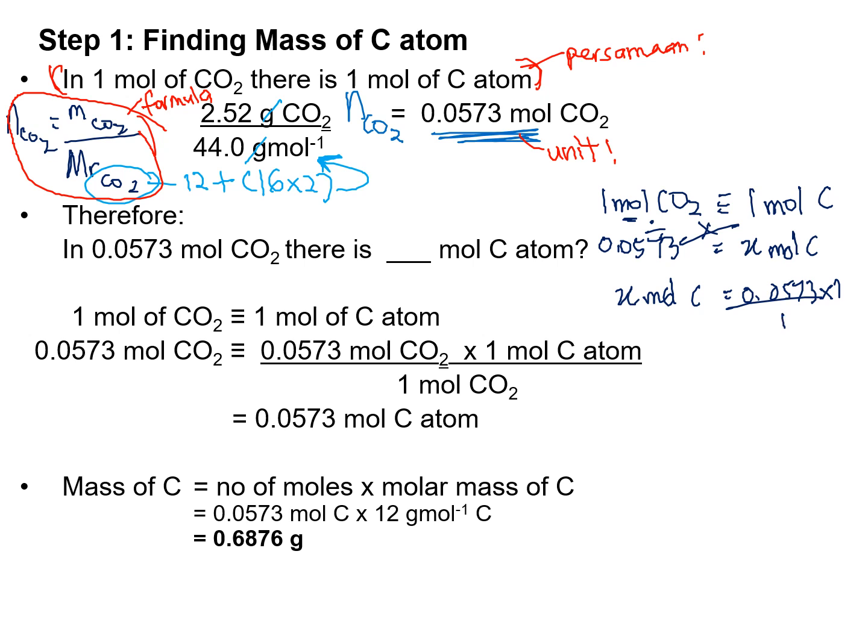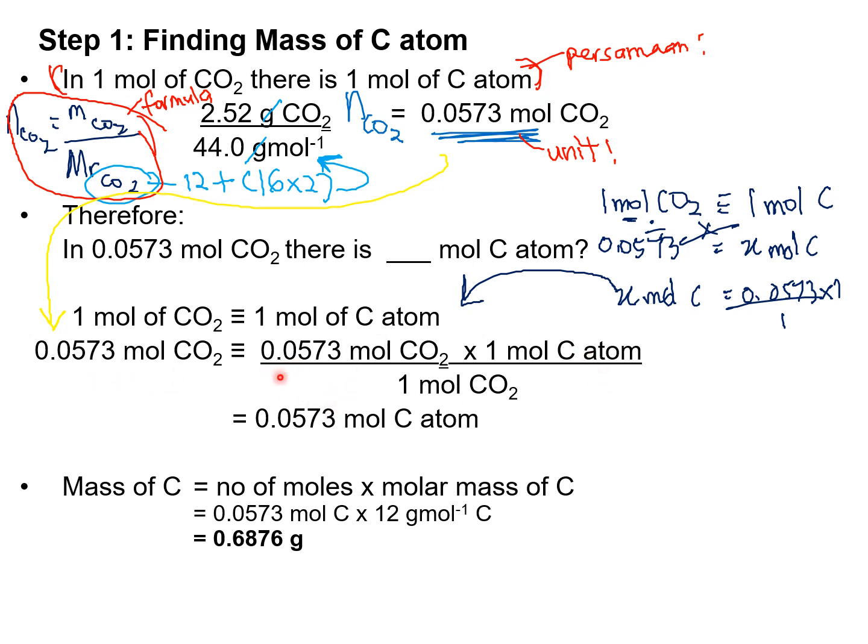Okay, so you boleh tengok secara mendalam di sinilah. Contohnya, as what I mentioned, 1 mole of carbon dioxide is equivalent to 1 mole of carbon atom. Setelah dikira-kira, number of mole of carbon dioxide yang kita dah kira adalah 0.0573. So, untuk 1 mole of carbon dioxide, you ada 0.0573 mole of carbon dioxide. Untuk 1 mole of carbon atom, berapalah? So, kamu kena buat jalan kerja ni juga.